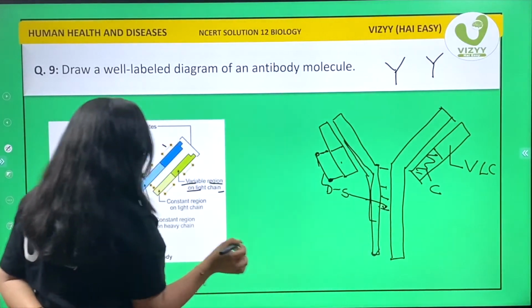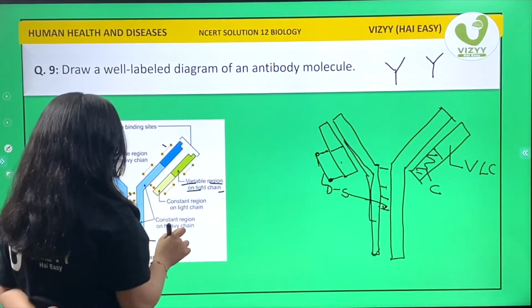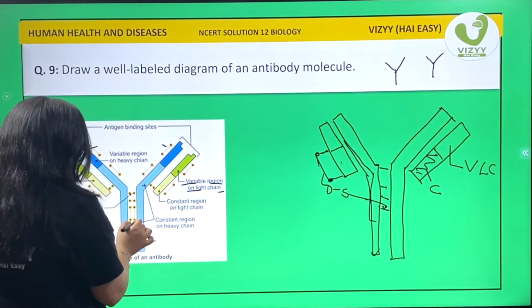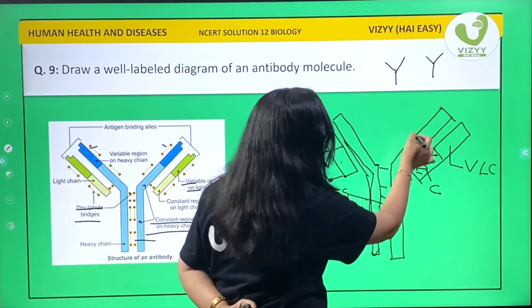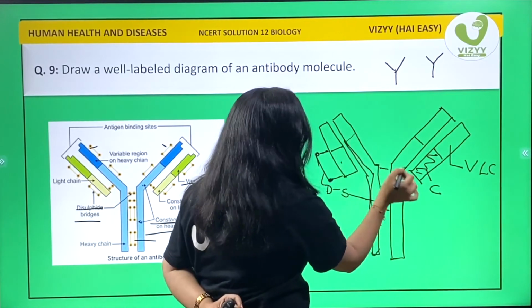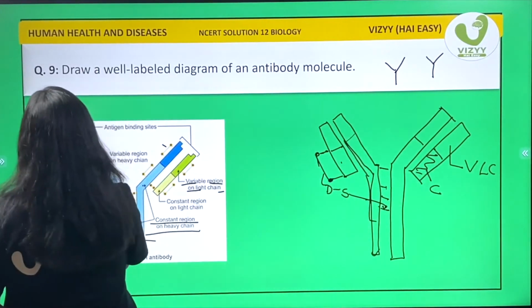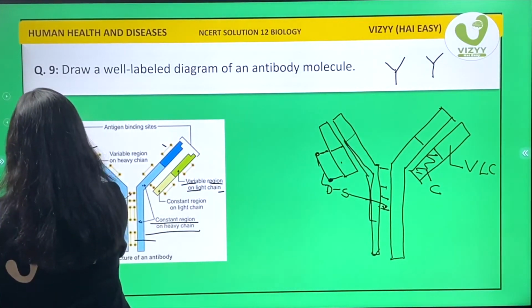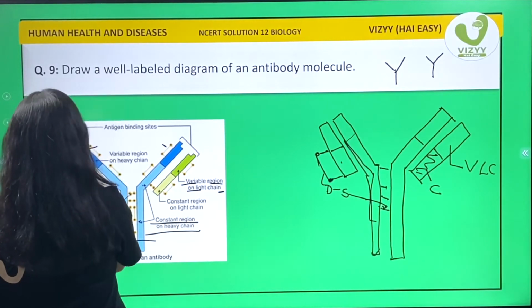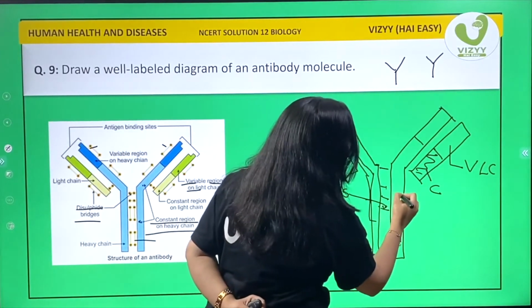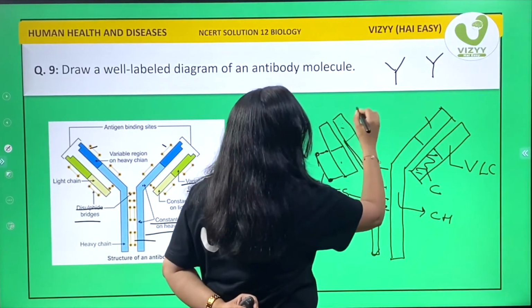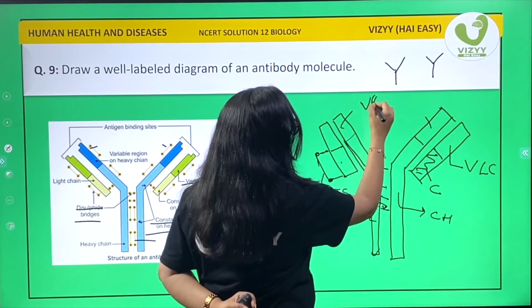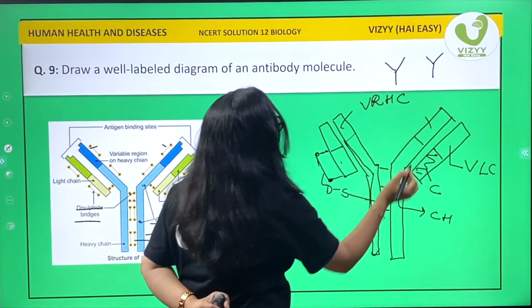Okay, students? Now, these regions are constant region of heavy chain. Constant region of heavy chain, and these are variable region of heavy chain.